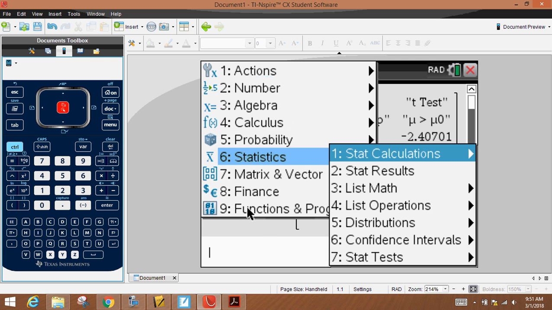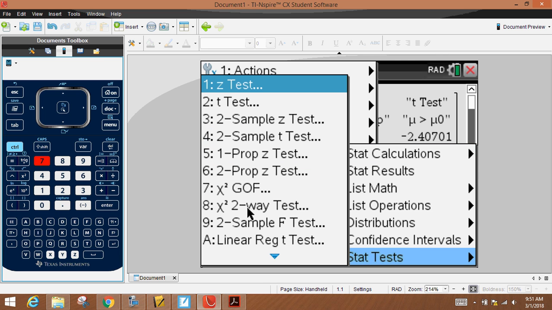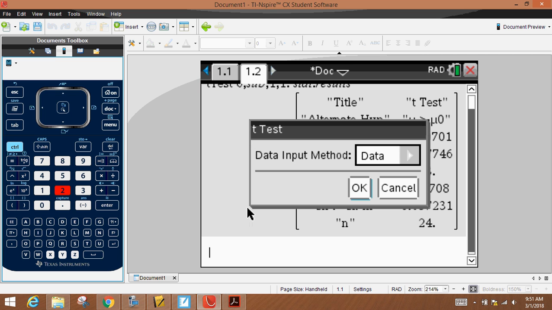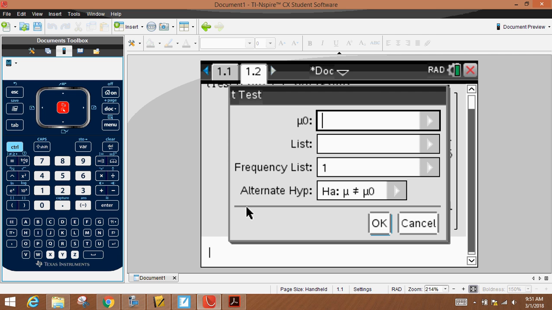Statistics, stat test, t-test, data, 6. I went backwards in my mind for some reason. We're going to choose sub.